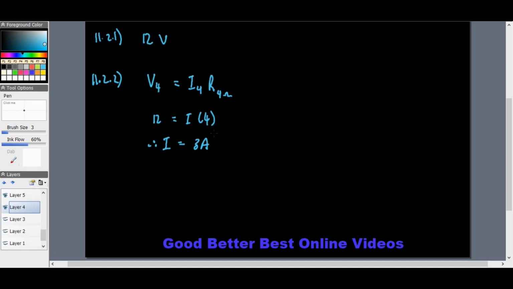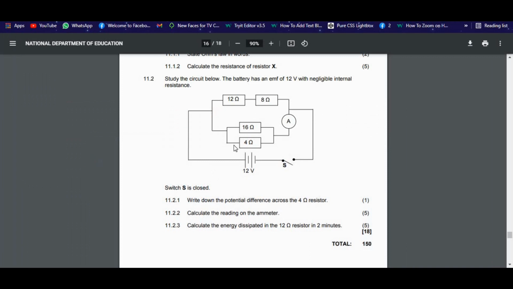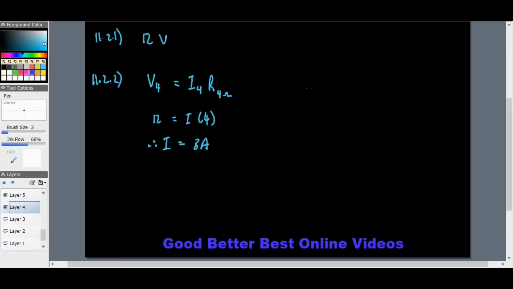Okay, got that. Now, opposite to the 4 ohm resistor is also the 16 ohm resistor, because they are in parallel with each other. And the voltage is the same across both resistors, so 12 volts is also the voltmeter reading on the 16 ohm resistor. Things all taught last week. So, voltage across the 16 ohm.